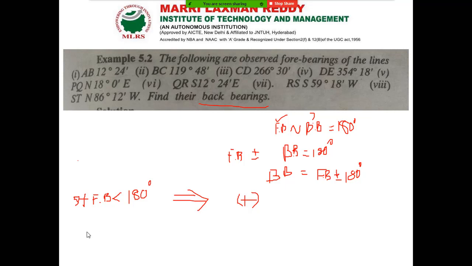Now if the fore bearing value is greater than 180 degrees, at that time we have to deduct, that is, we have to use the minus symbol. Have you understood?